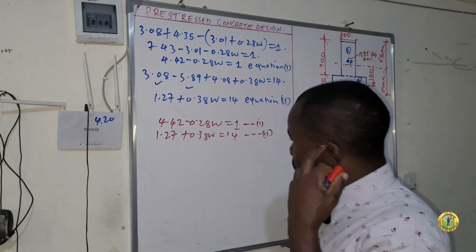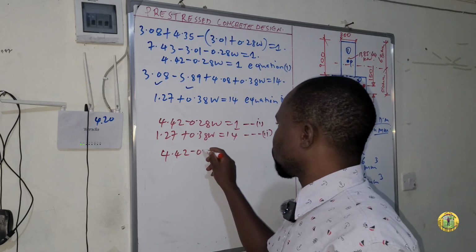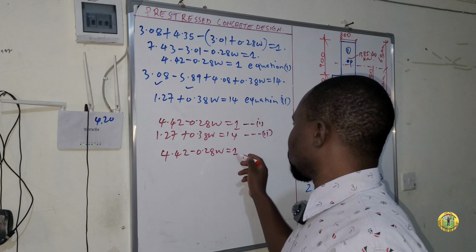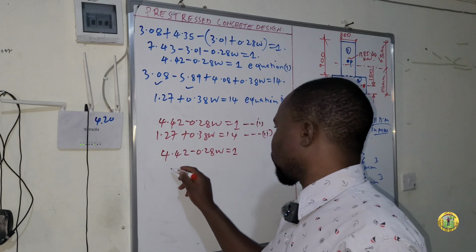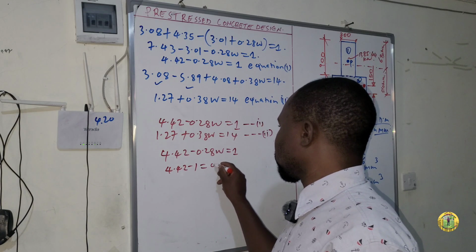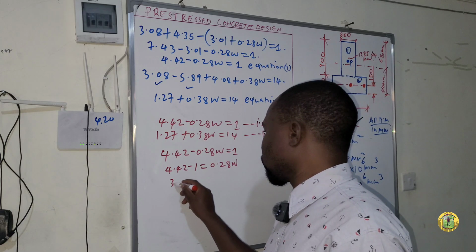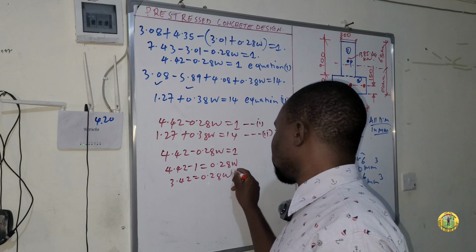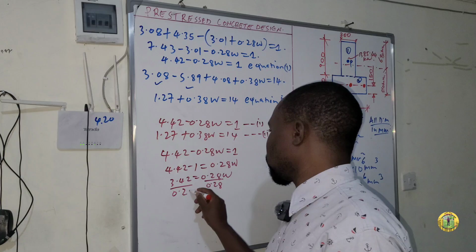So let's begin with equation 1. We have 4.42 minus 0.28 W is equal to 1. So let's cross 1 to this side and negative 0.28 W to the other side. So we'll have 4.42 minus 1 is equal to 0.28 W. So 3.42 is equal to 0.28 W, over 0.28 over 0.28.